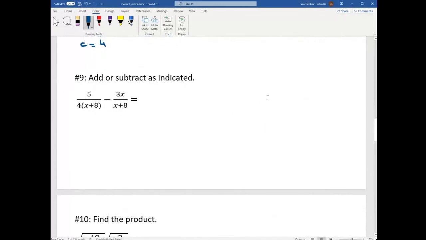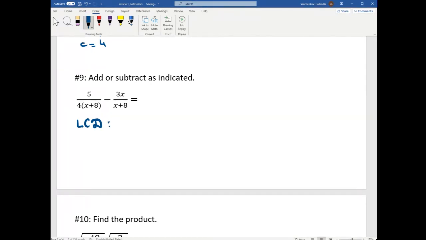Add or subtract as indicated. I think this will be a multiple choice, so that you don't have to type all these fractions. If we add fractions, we need to find the least common denominator and write both fractions with this denominator.